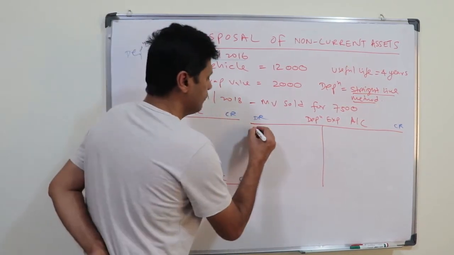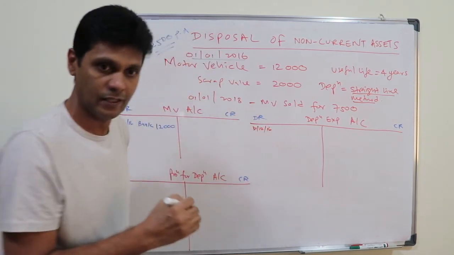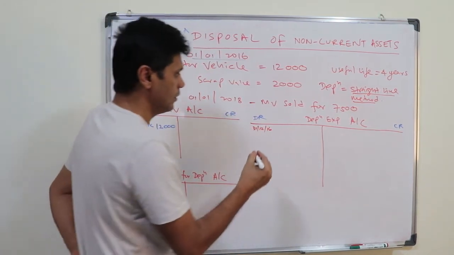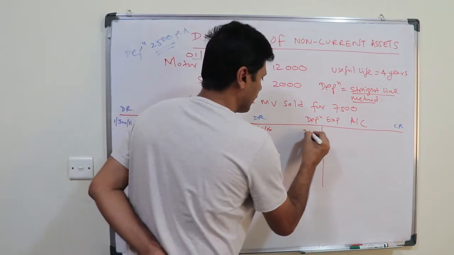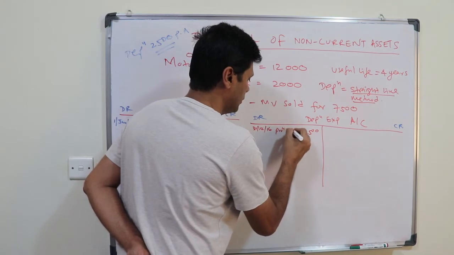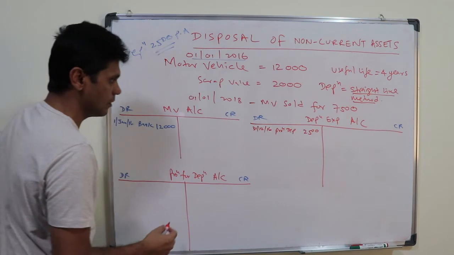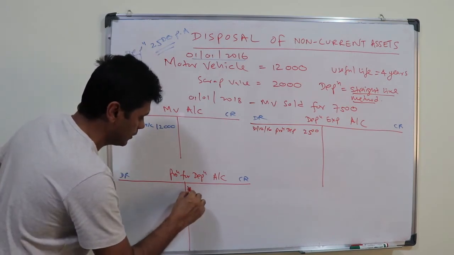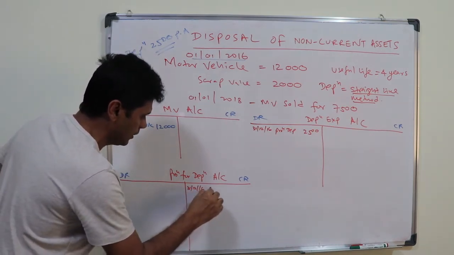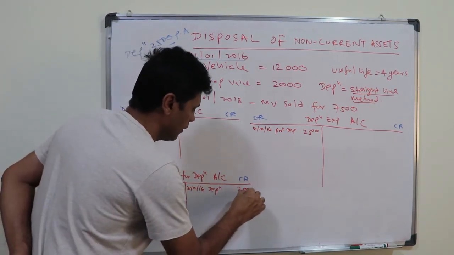Okay, so on 31st December 2016, end of the year, you provide 2,500. Provision for depreciation account will be credited, 31st December 2016, depreciation 2,500.